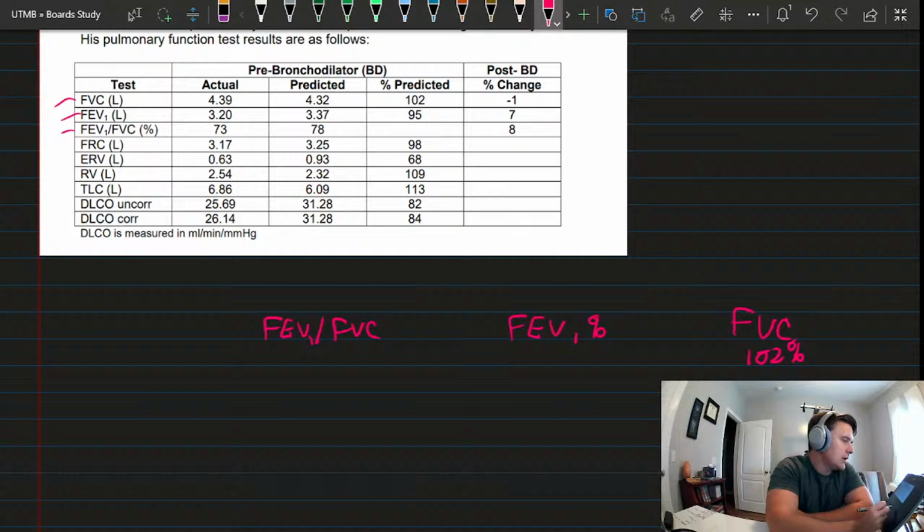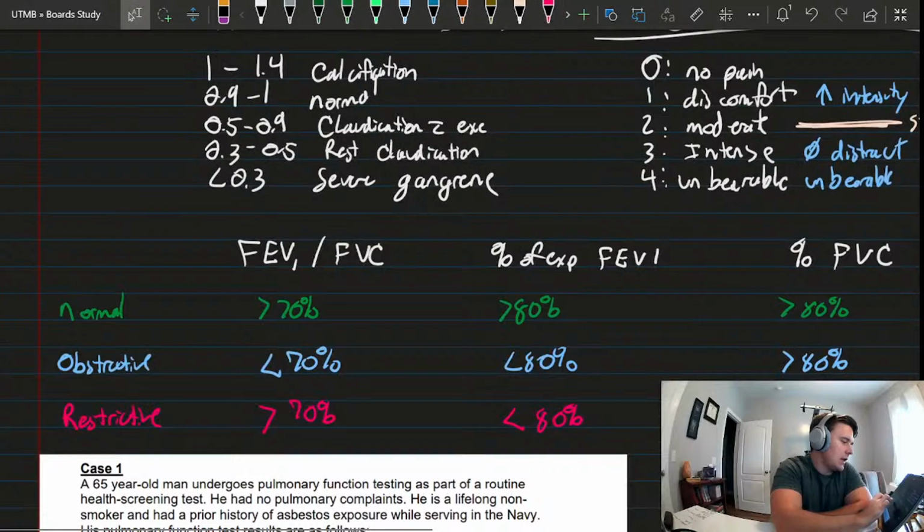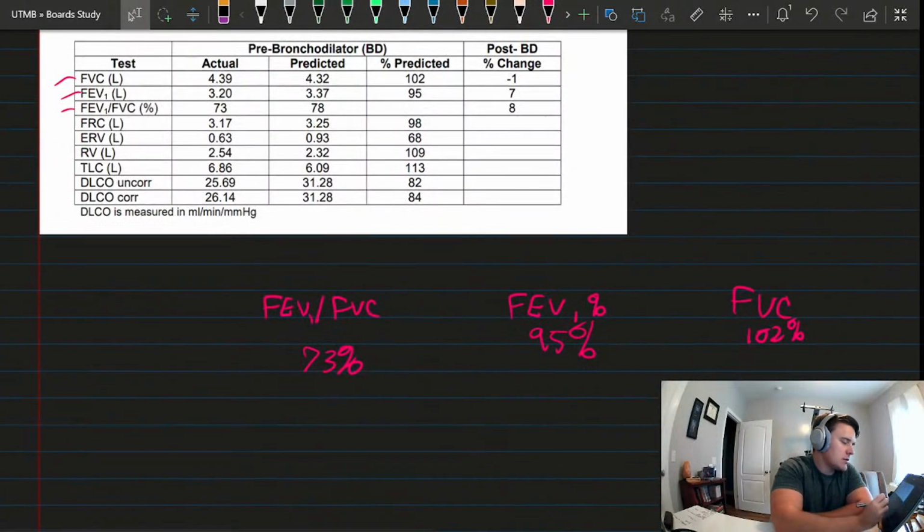FEV1 predicted is 95%. And the actual percentage is 73%. So if you remember, FEV1 over FVC, normal is 70%. So he is above 70%. So far, he is normal.